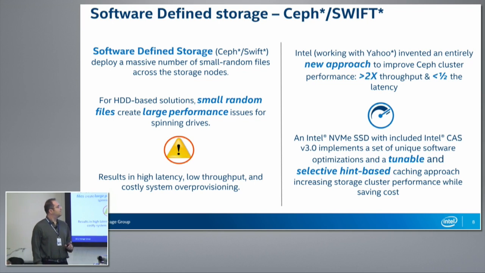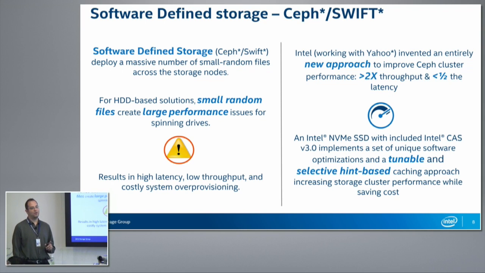So the solution is an Intel NVMe SSD paired with the Intel CAS software, version 3.0. I'm going to focus on the Linux software. That's what we used for this solution, but we have both Linux and Windows versions of the CAS software. That software implements unique software optimizations and a tunable and selective hint-based caching approach.